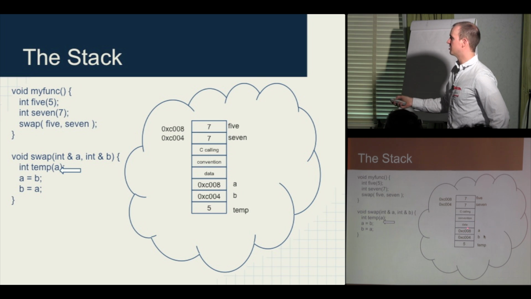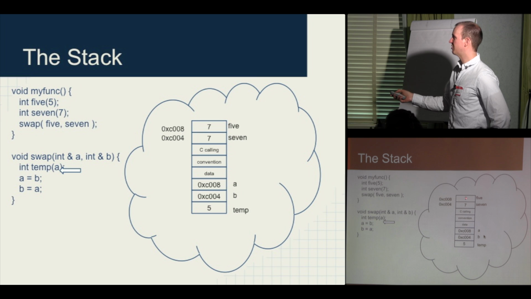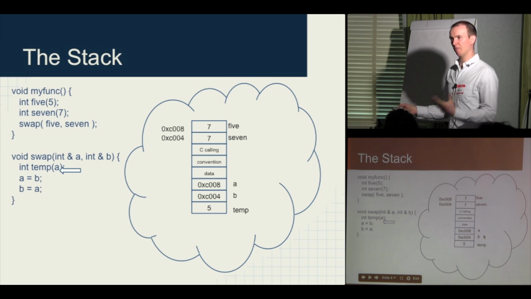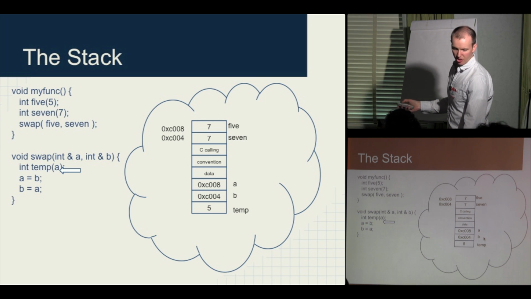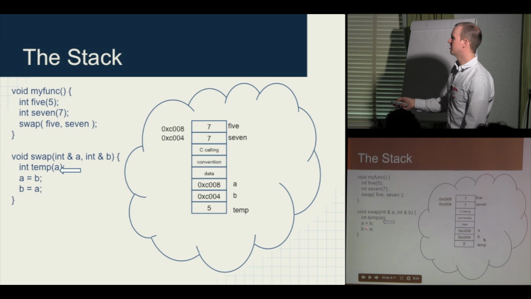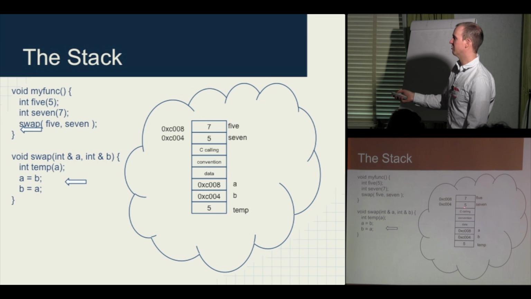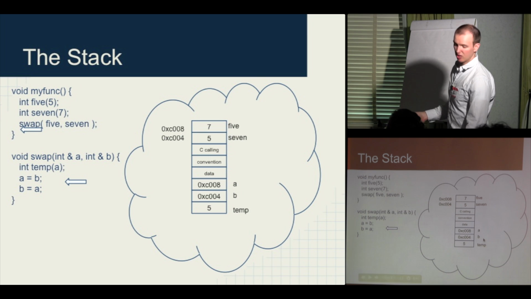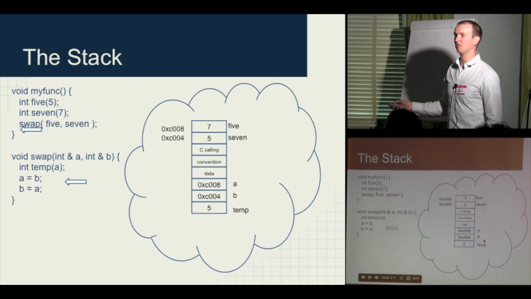A stays the same, its value on the stack remains the same because it's still pointing to the same thing, but it's operating as if it's an actual integer itself. And then B, sorry, the animation, I'm going to have to update my slides. It should be assigning the value temp, and so it's going to overwrite the contents of B, which is up here at this address. So now I've swapped the contents of 5 and 7.